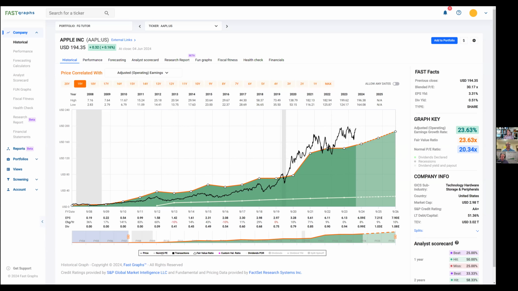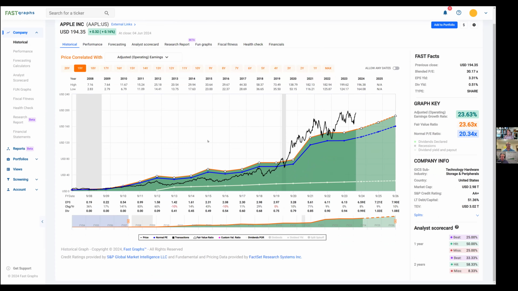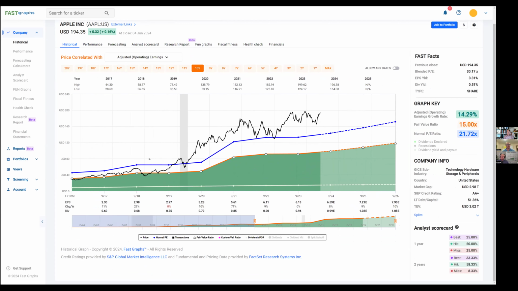Now, some of the other things I want to add is the normal PE. And one of the questions we got was, how do you calculate the normal PE? Well, it's simply a trimmed average of how the market, or what value the market, has been valuing a stock at over any period of time. Once again, when I change time frames, over this period that I've got measured here now, which goes back obviously to 2017, the market has had a penchant to be pricing Apple at over a 21 multiple.